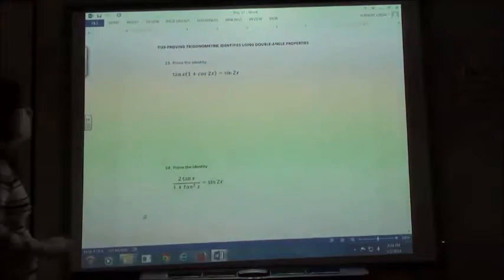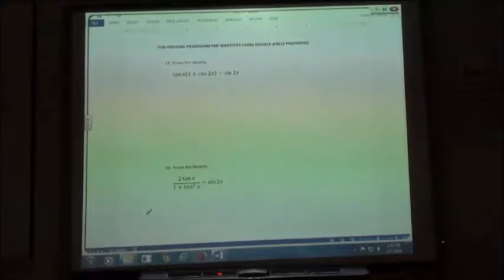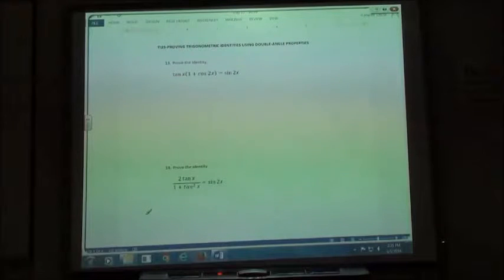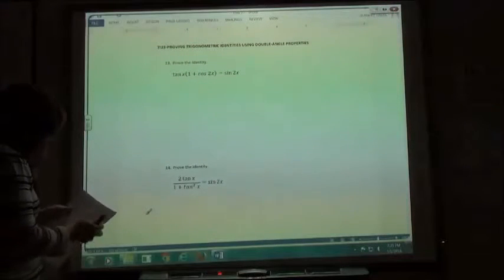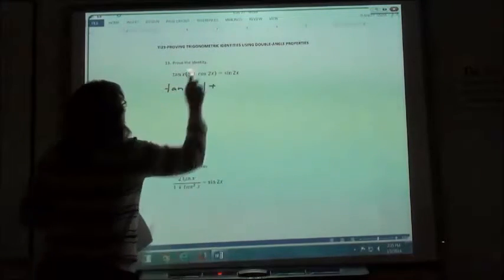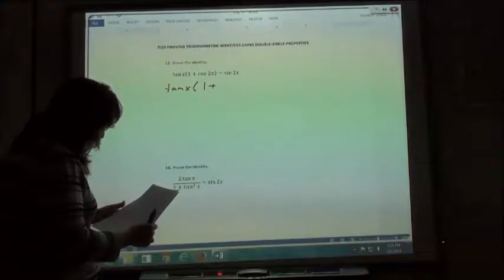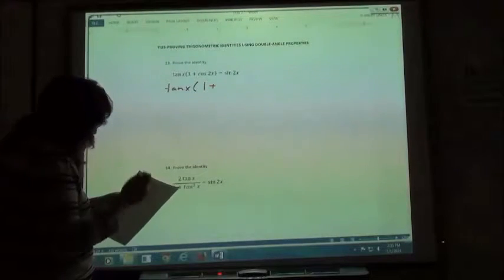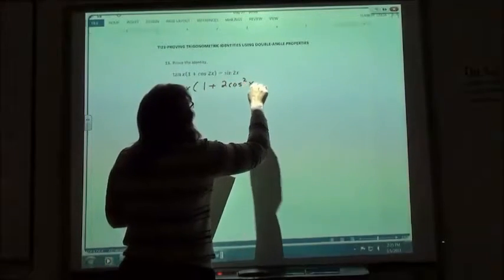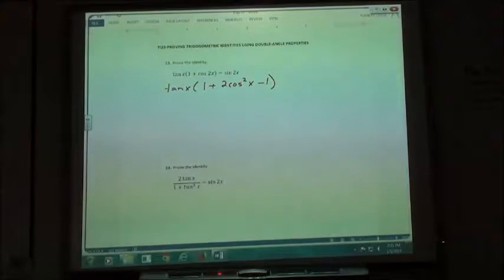So I always like to start with the double angle and fill in for the double angle if I can. So the cosine of 2x, since I'm trying to get this in terms of sine, I'm going to use the one that just has the sine in it. So I'm going to have my tangent of x, 1 plus, and in for my double angle then, I actually used the cosine one, 2 cosine squared of x minus 1, so that I could cancel out the +1 and the -1.